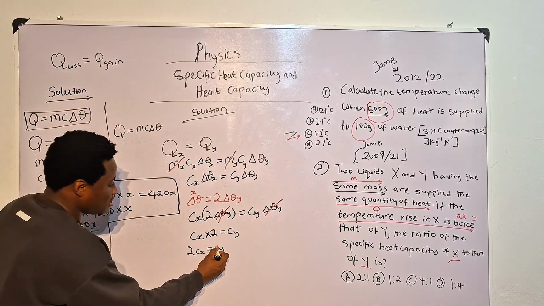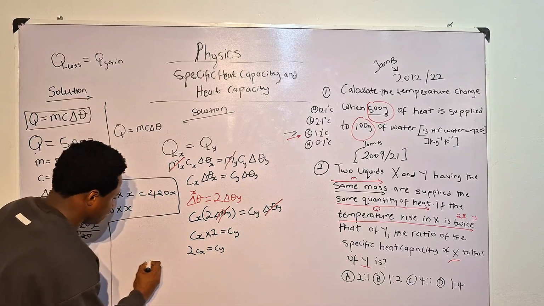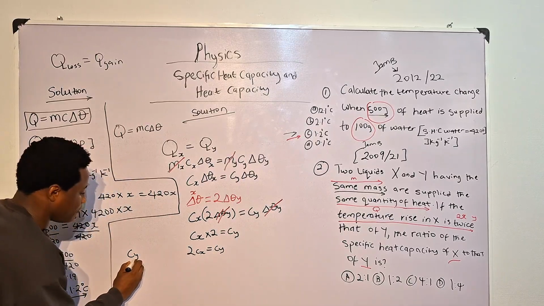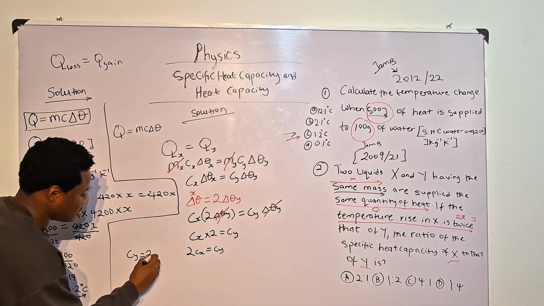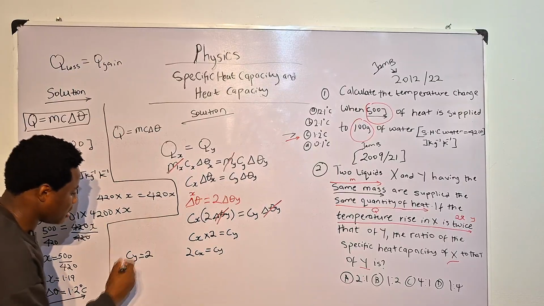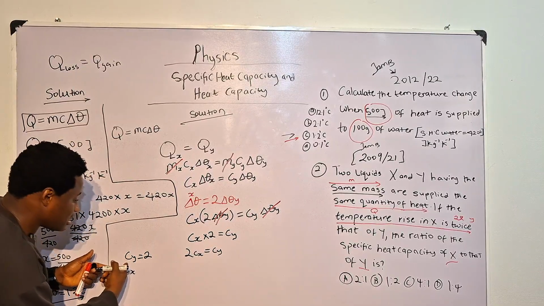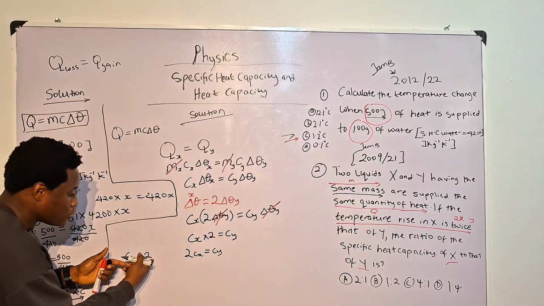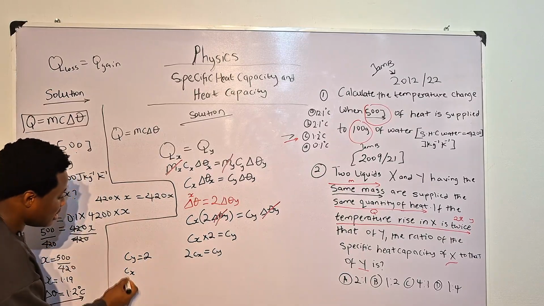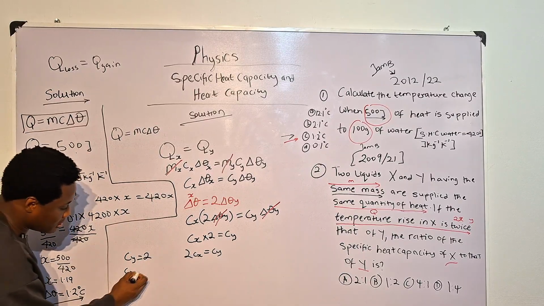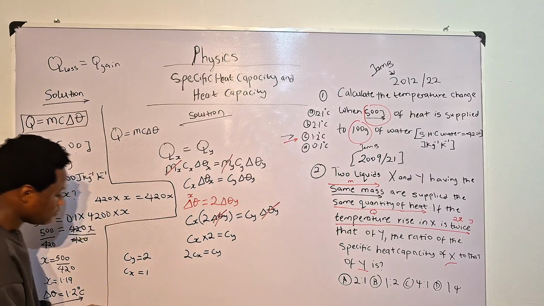So the specific heat capacity of Y is now twice that of X, and the specific heat capacity of X is 1.